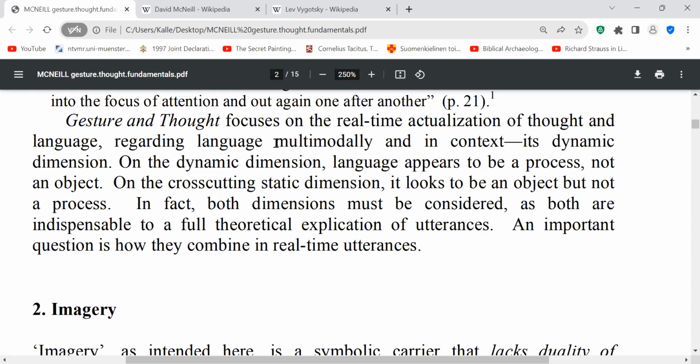On the cross-cutting static dimension, it looks to be an object, but not a process. In fact, both dimensions must be considered, as both are indispensable to a full theoretical explication of utterances.